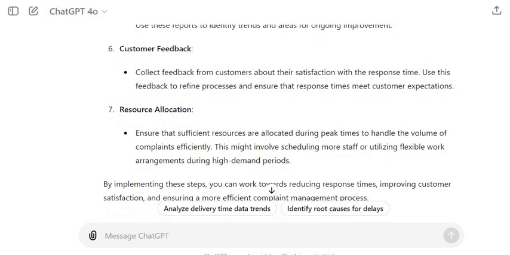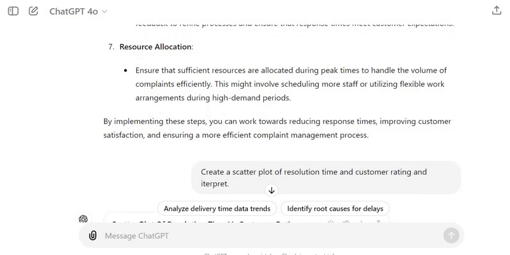Monitor and report customer feedback, resource allocation, etc. So you can see that ChatGPT can help you create a histogram very quickly with just one prompt in natural language. It can help you interpret, and it can help you come up with a plan for what to do after you have interpreted the histogram.